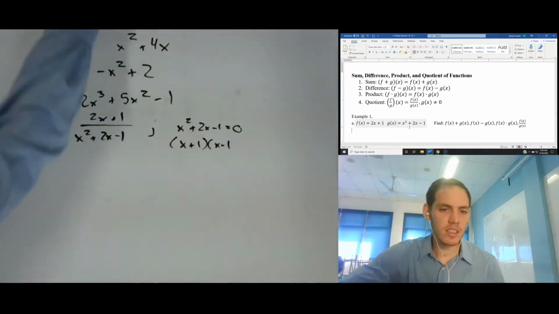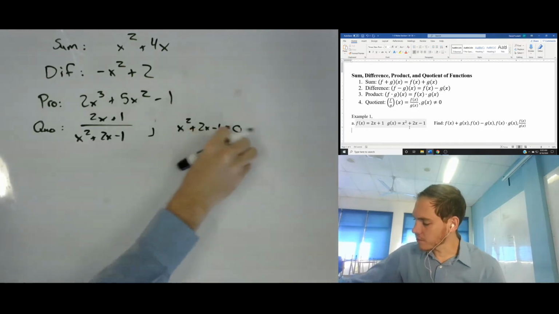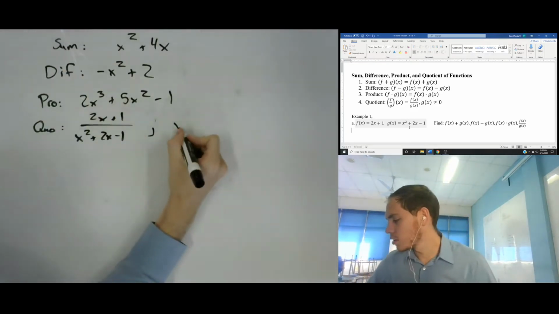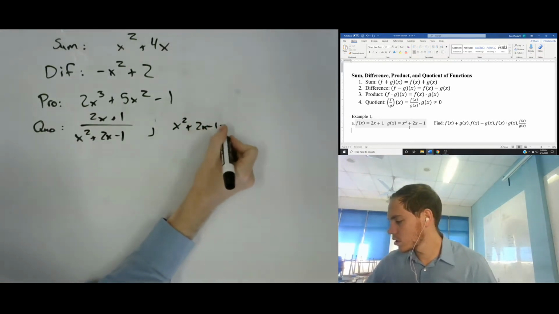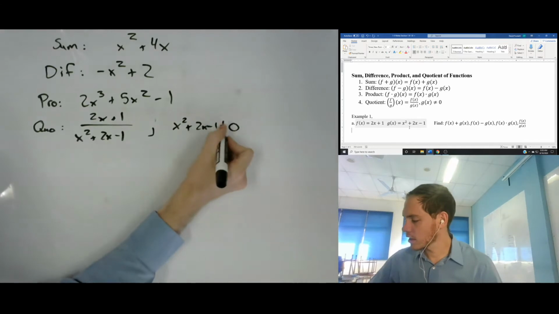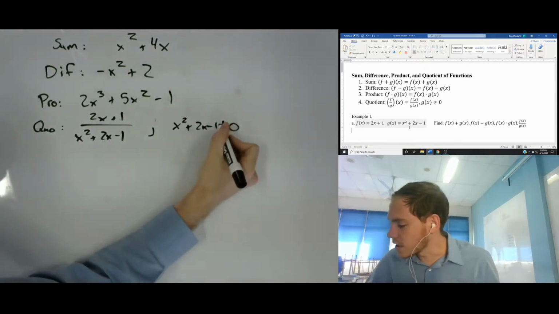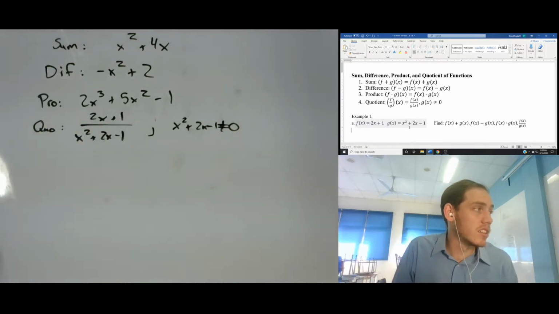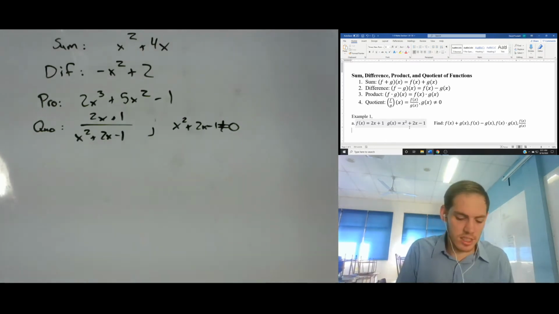Does this have any restrictions? I don't think this does. So you could just do it this way. That's the quotient, the product, the difference, and the sum.